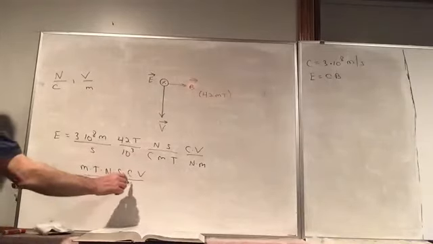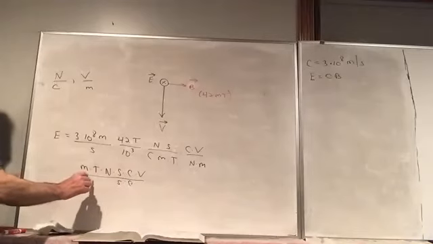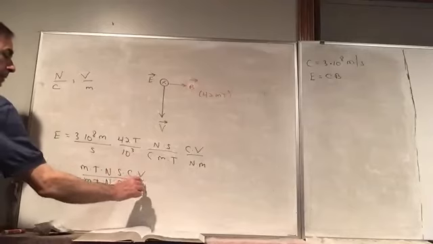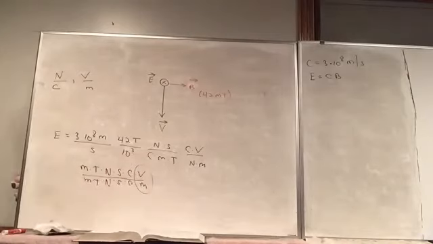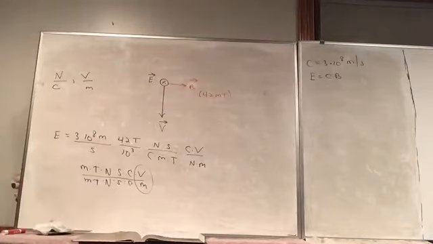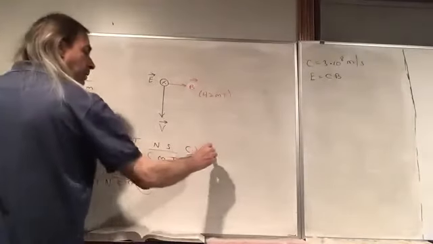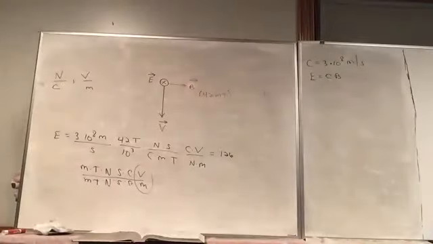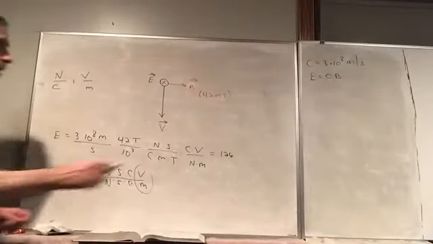On the bottom, we have seconds, coulomb, meters, Tesla, newtons, and meters. So everything cancels out. We have the electric field in volts per meter. So let's see, 3 times 42, that's 126. And then 10 to the 8 over 10 to the 3rd.